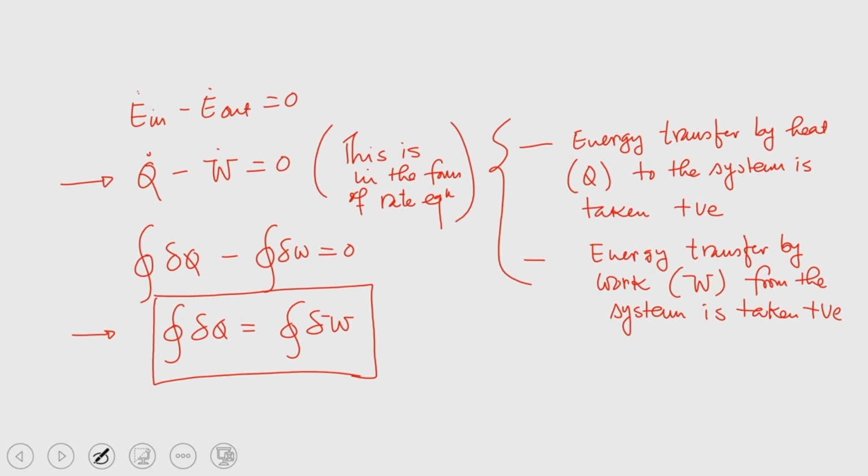So, this is the first law of thermodynamics for a control mass system undergoing a cyclic process.